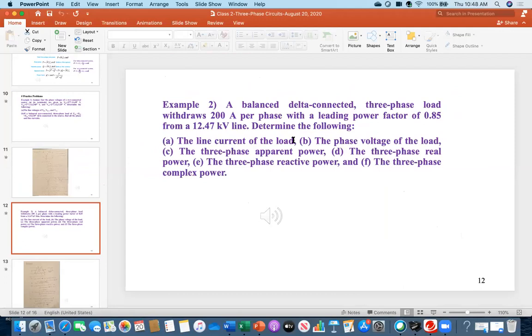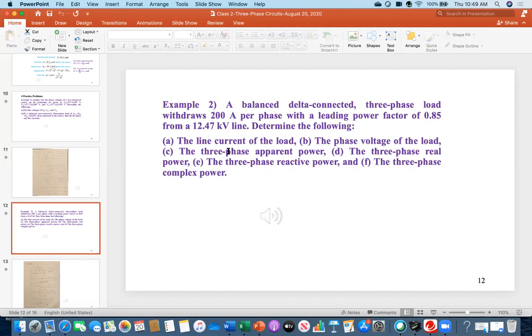Okay, everybody see, if you understand this problem, then after this class I am going to assign you the first set of homework about three-phase system. Then you could do most of the problems if you understand this one as well. So everybody say, what is the statement? A balanced delta connected three-phase load withdraws 200 ampere per phase with a leading power factor of 0.85 from a 12.47 kV line.